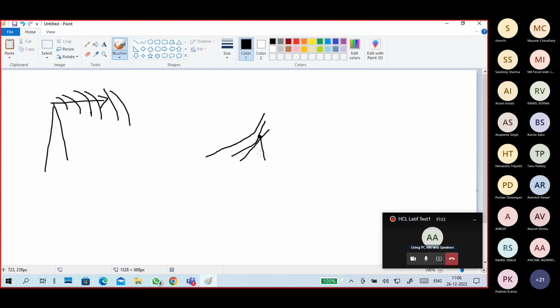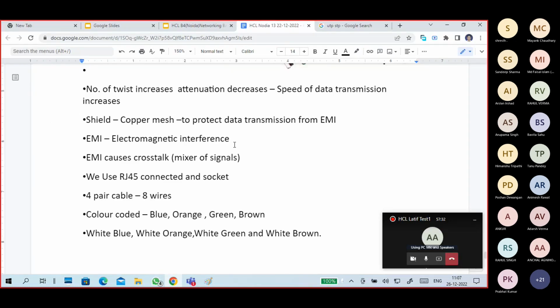Antenna means your Wi-Fi, mobile phone, everything; when it touches, we are able to receive it. It's an electric and magnetic wave. When we are using Wi-Fi, we are able to get a signal, and that is because of electromagnetic waves.